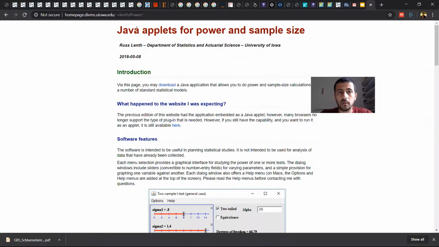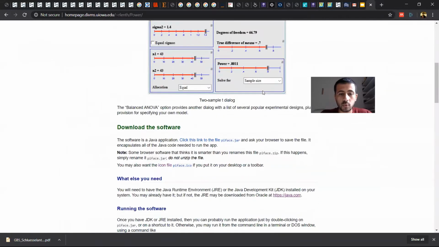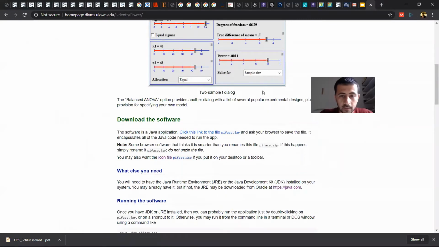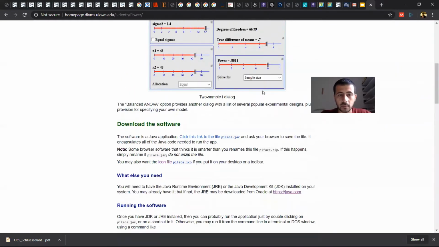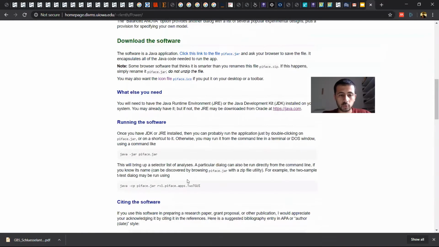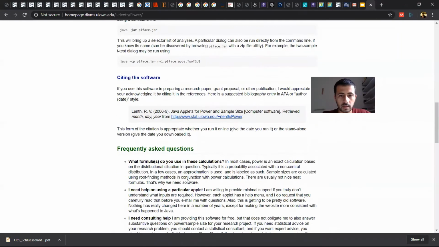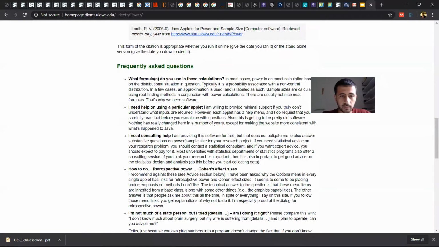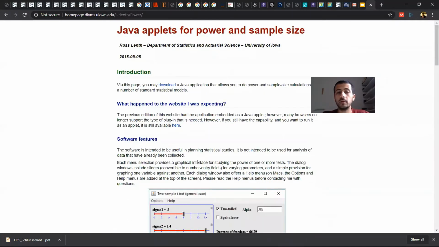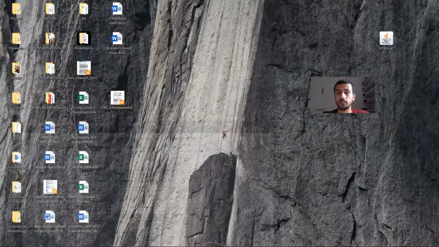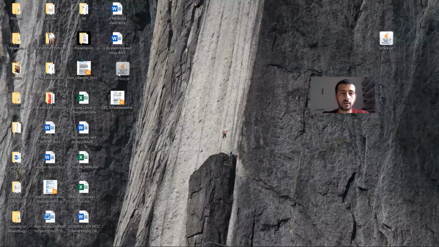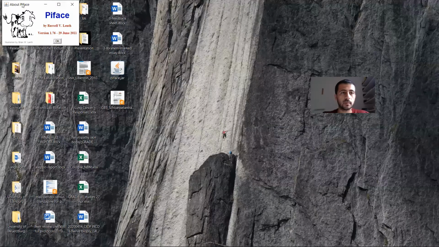The website is not so charming, but you can download the software from here. You should download the Piface.jar, and you should also download Java in order to be able to work on Piface. So this is the program that can calculate the sample size for us.